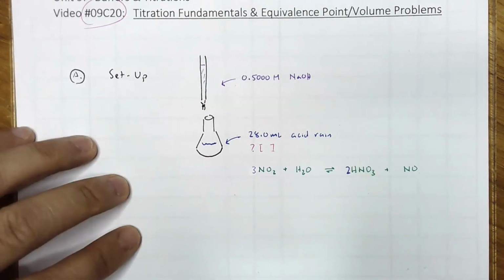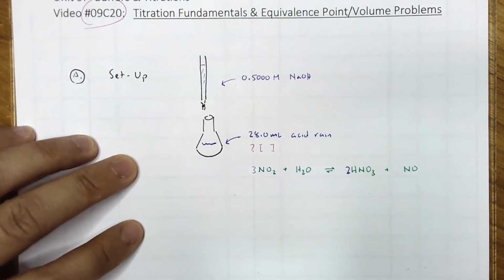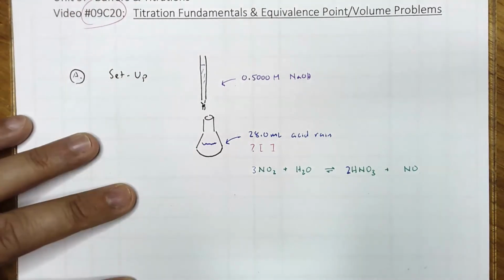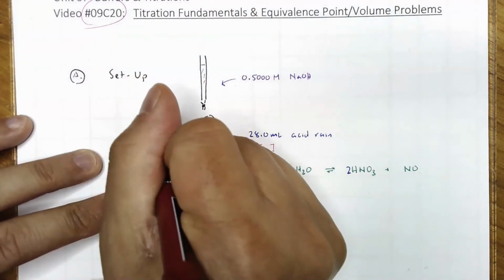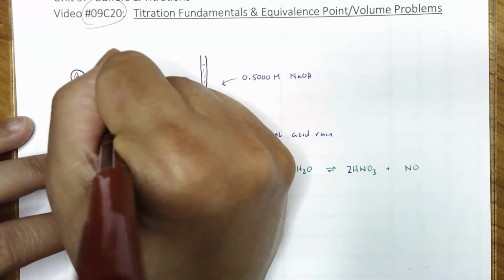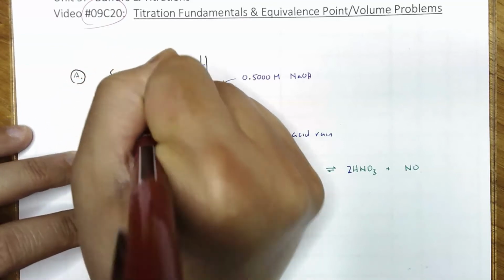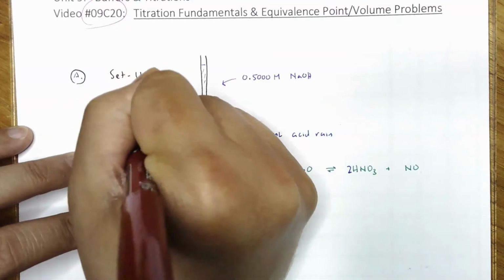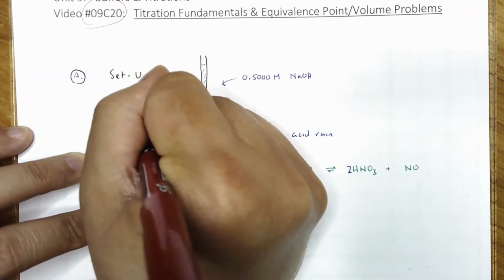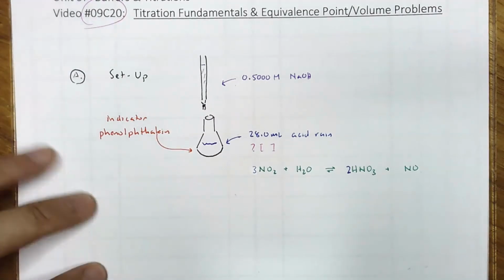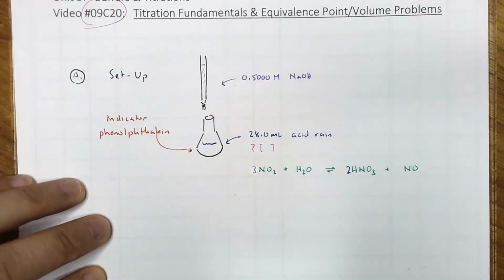What happens is you're going to put in an indicator, because right now those 2 solutions are most likely colorless, and an indicator will change color. So for instance, the indicator phenolphthalein. It's colorless under acidic conditions, and it turns pink under basic.